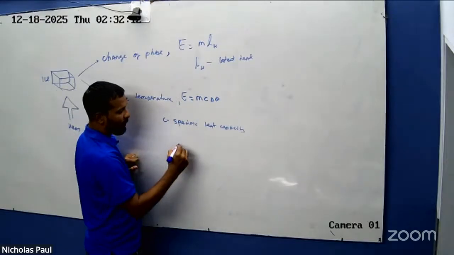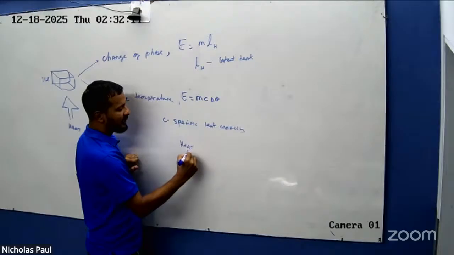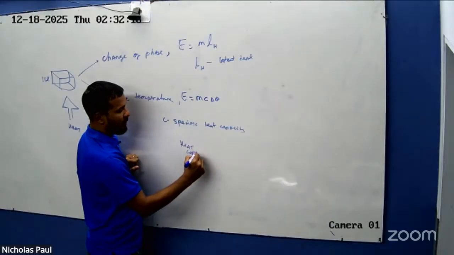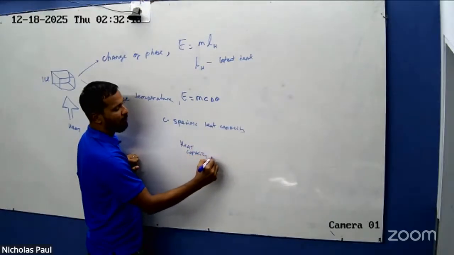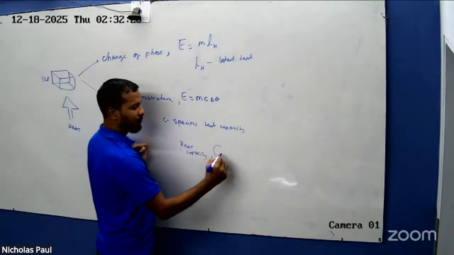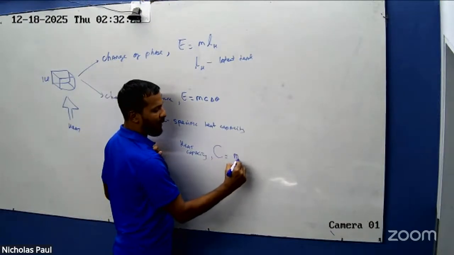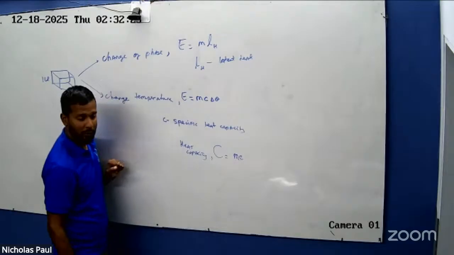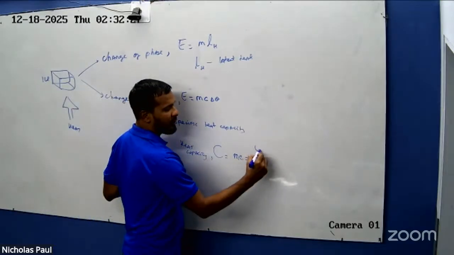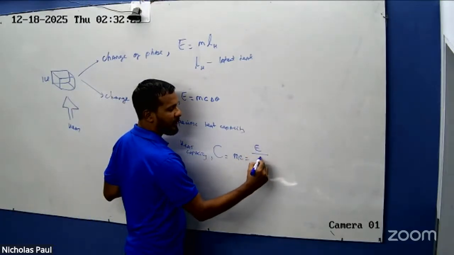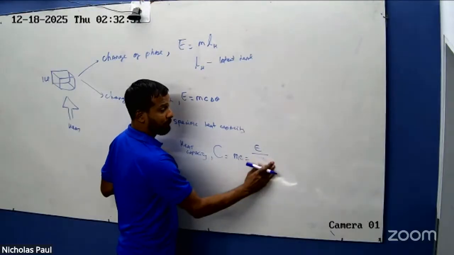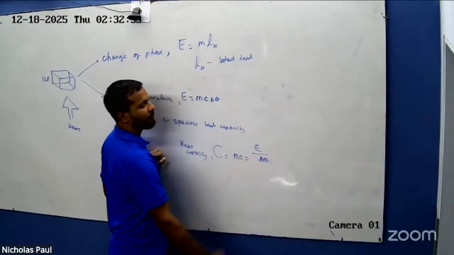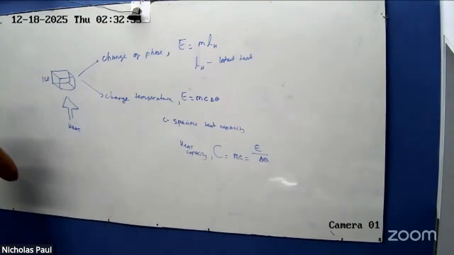We also have something called heat capacity, uppercase C, which is m times small c, the energy required to change the temperature of something. So we need to remember these small things from Form 5.